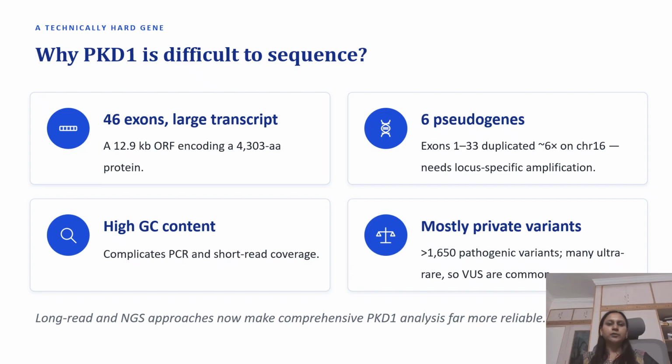High GC content also compounds the problem, and most pathogenic variants are private, that is over 1650 pathogenic variants are described, out of which many are ultra rare, which is why you will frequently see variants of uncertain significance. Long read sequencing, whole genome sequencing, and modern NGS have largely solved this technical hurdle.